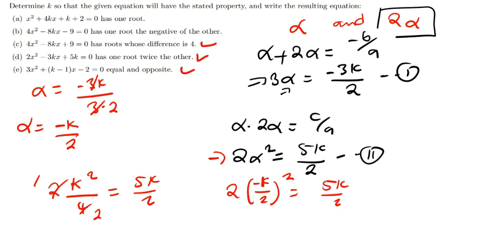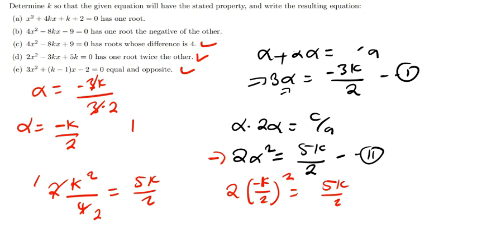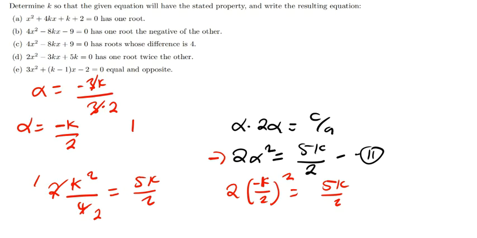Then I've remained with, I don't have enough space. I think I can get rid of this part. So what I've remained with now is k squared divided by 2 is equal to 5k divided by 2. But I don't know if I can confuse someone if I cancel these two directly, so I can just cross multiply. So that becomes 2k squared is equal to 2 times 5, that is going to give me 10k.